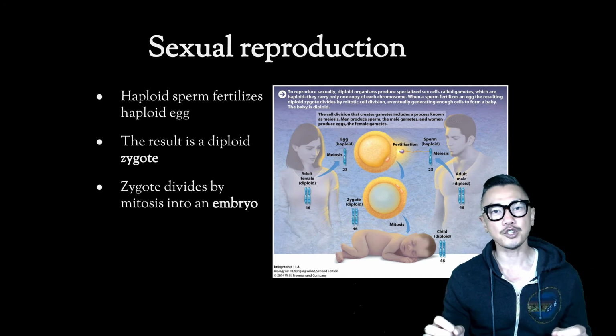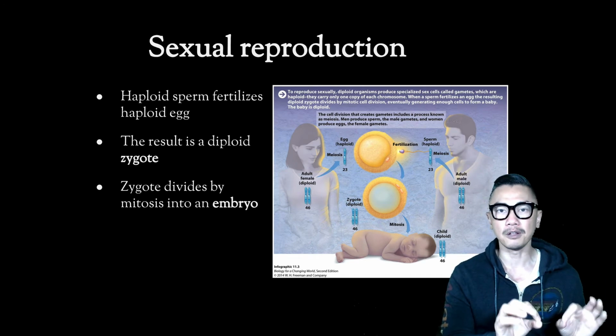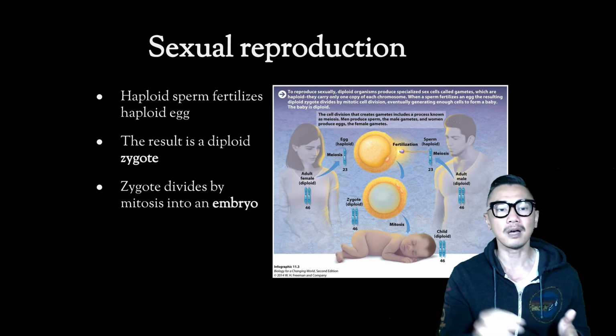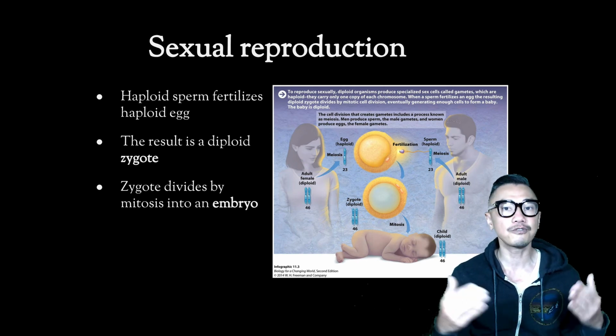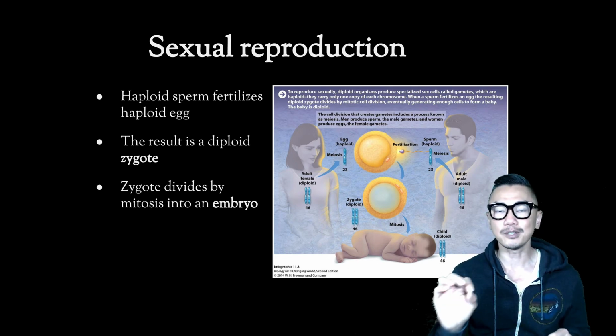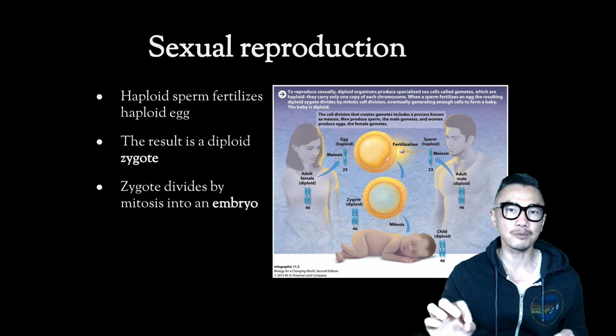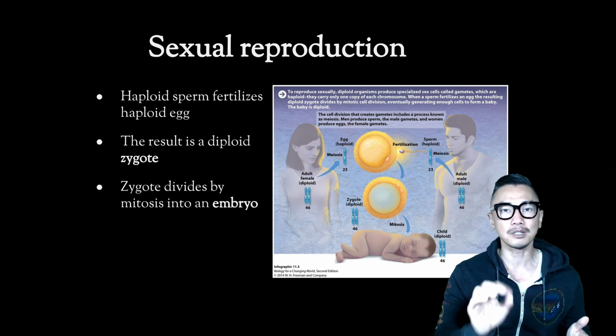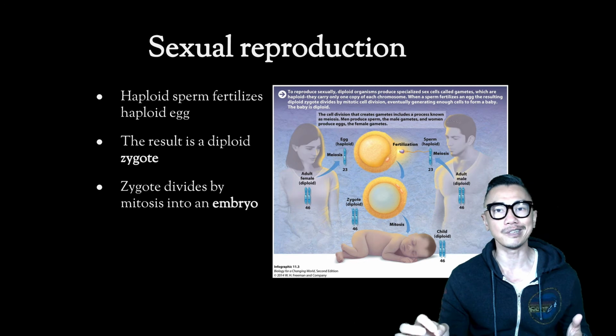During fertilization, a haploid sperm cell fertilizes a haploid egg cell and becomes a diploid zygote, or fertilized egg. The zygote will divide by mitosis to become an embryo. The embryo further divides and develops to become a fetus and eventually a child.